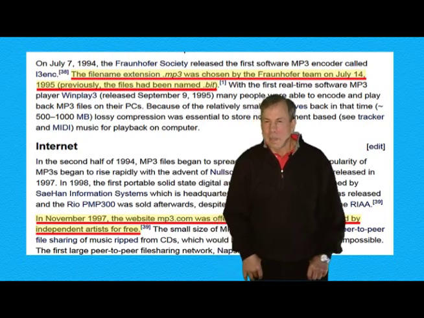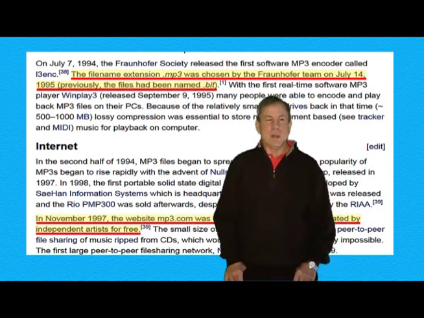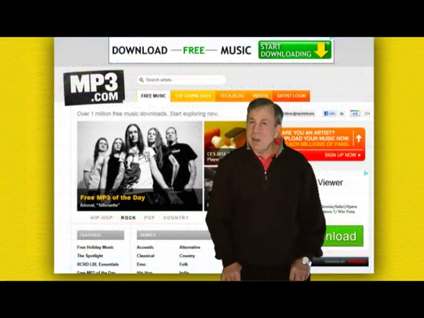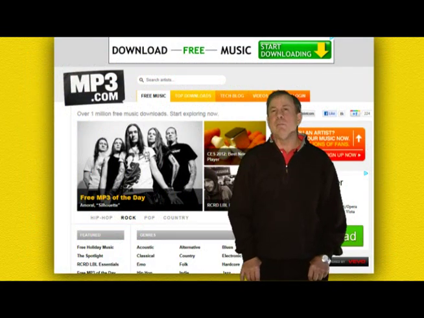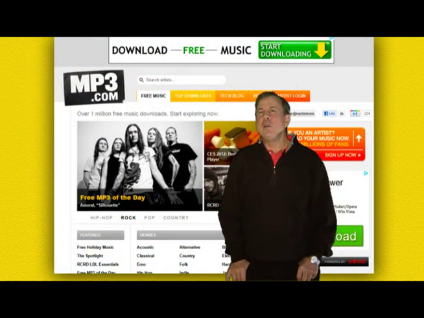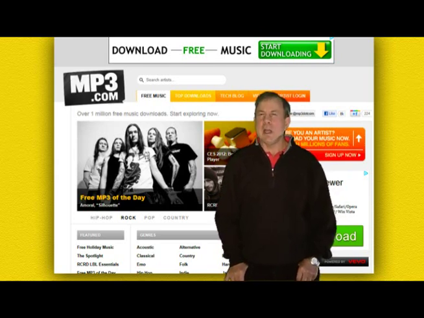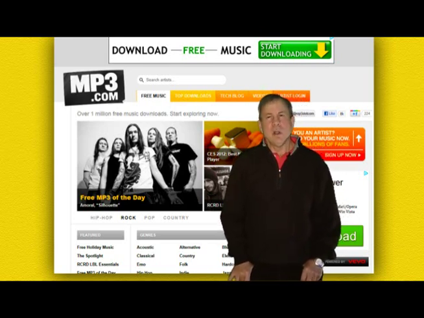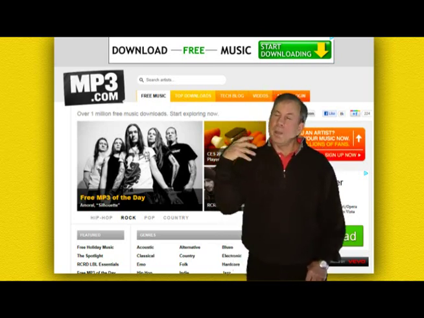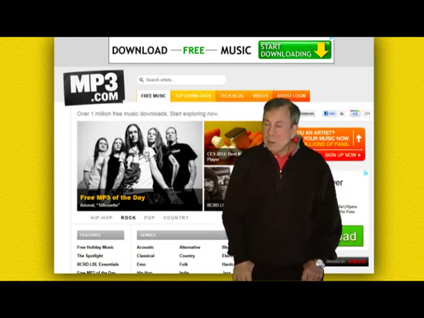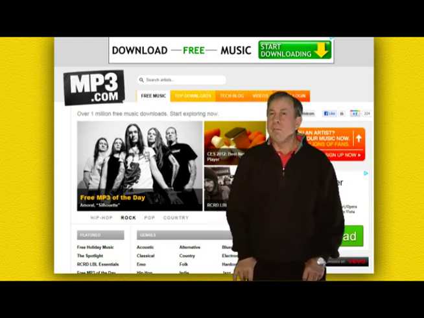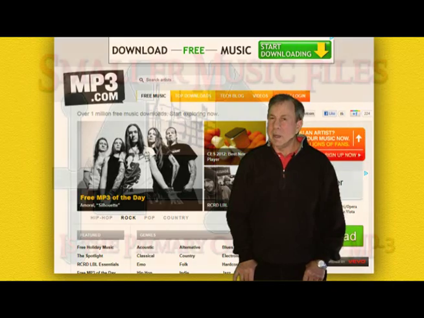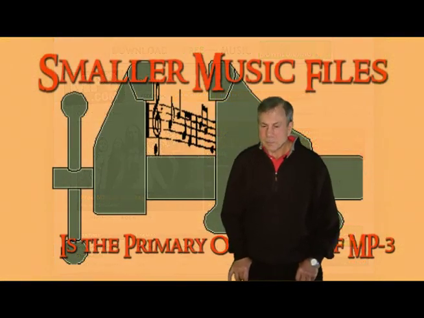WinPeg came up in the year following that, 1996, and then by 1997 there was such a rage about this MP3 that a new .com came on the scene called MP3.com, and what it did was offer independent artists the ability to put their music on the internet and sell their music via this MP3 format. And so this MP3 provided the vehicle for these independent artists to promote their music.